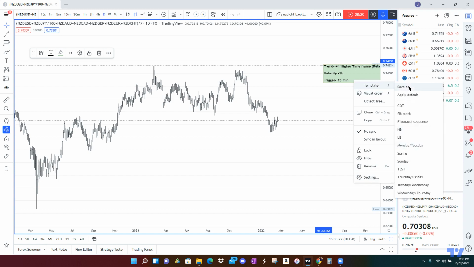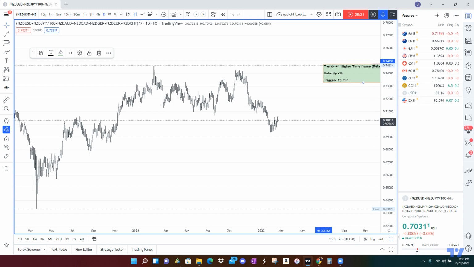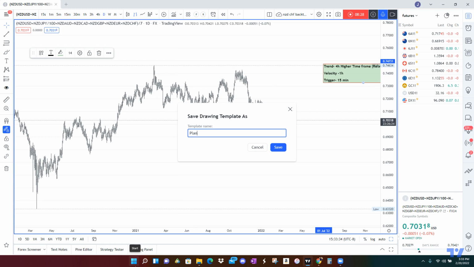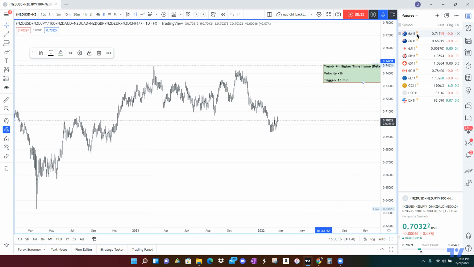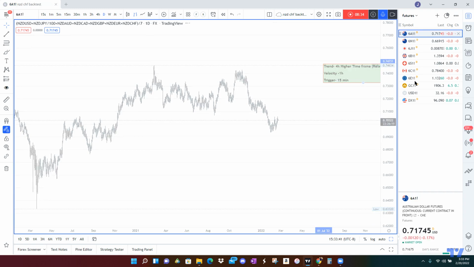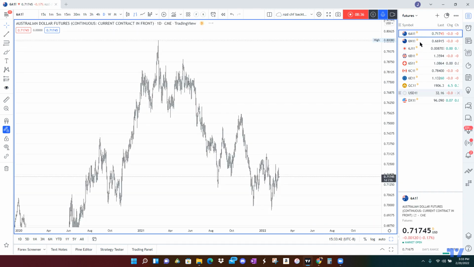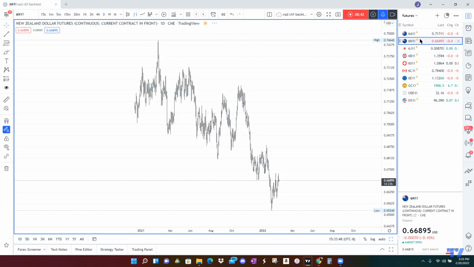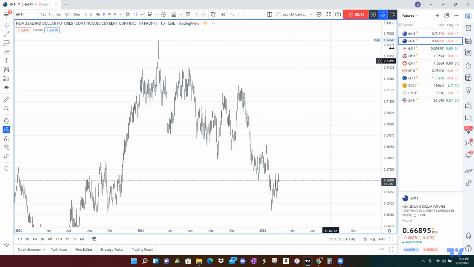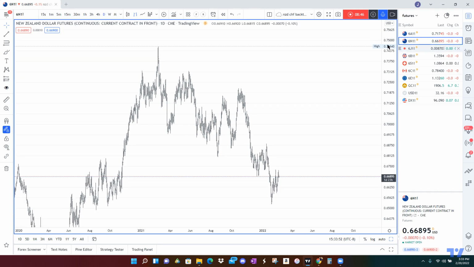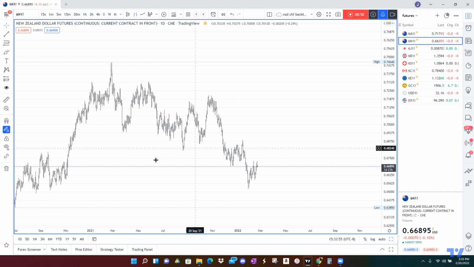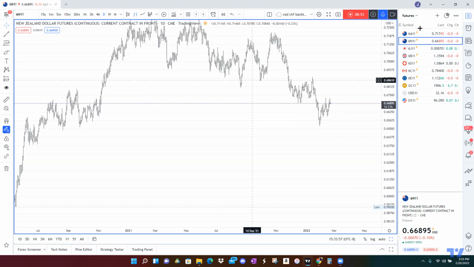I'll save this, okay, and then we'll come over here to my futures watch list, and you'll see pretty much the same similar structure and price, right? So you guys can have the same exact outlook over here in the futures market. You just come and you can set up your currency basket as I have it here.